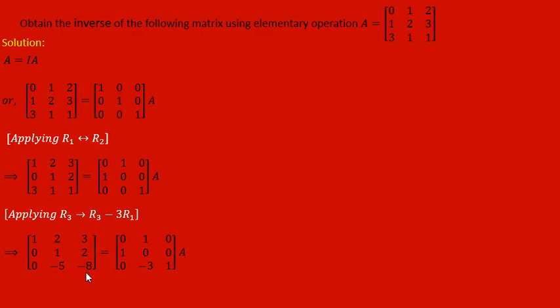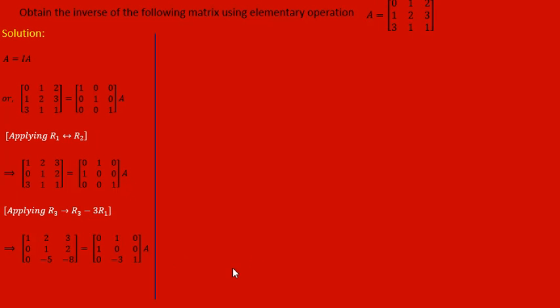And 3 times 3, that is 9, from 1, I will get minus 8. And on the right hand side, in the same way, 0 minus 0, I will get 0. Here 0 minus 3, so I will get minus 3. And here 1 minus 3 times 0, so it is 1 only.